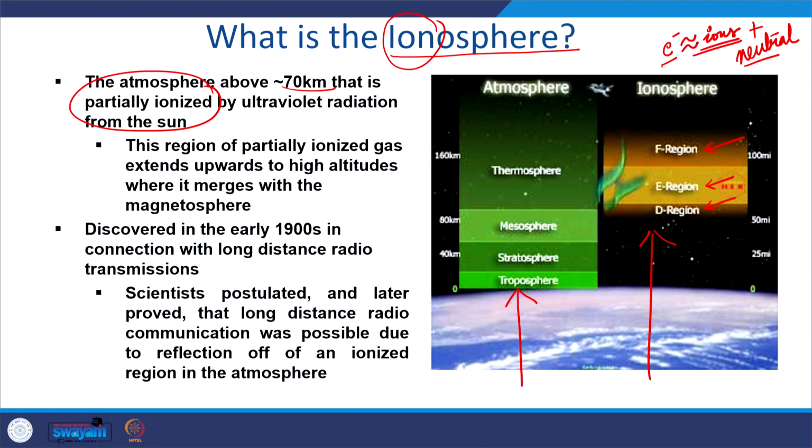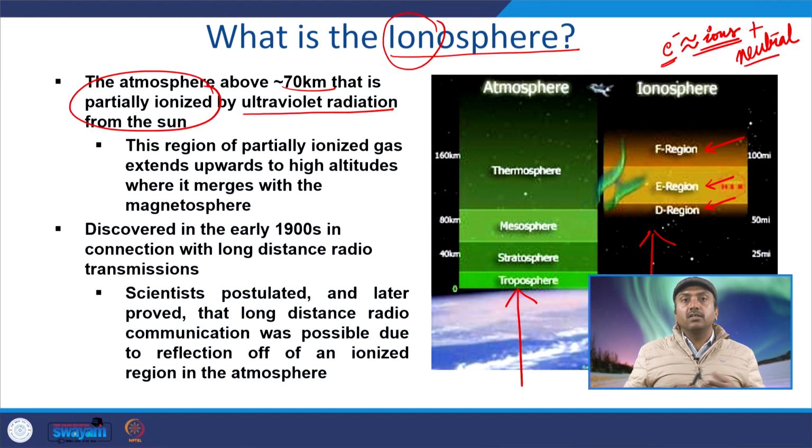So the ionosphere is a region where electrons and ions are present in addition to neutral species in sufficiently large numbers to be able to influence radio wave communications. This region is formed by ultraviolet radiation, which is of solar origin. So ultraviolet radiation creates or populates this ionosphere.